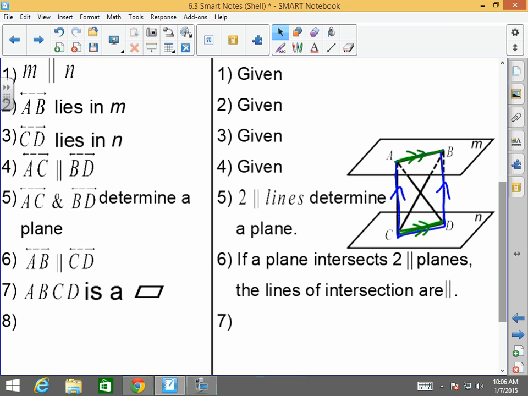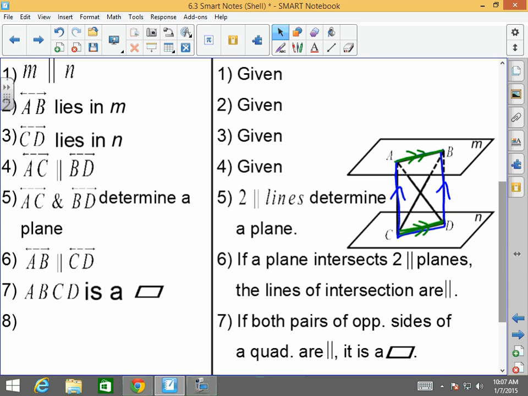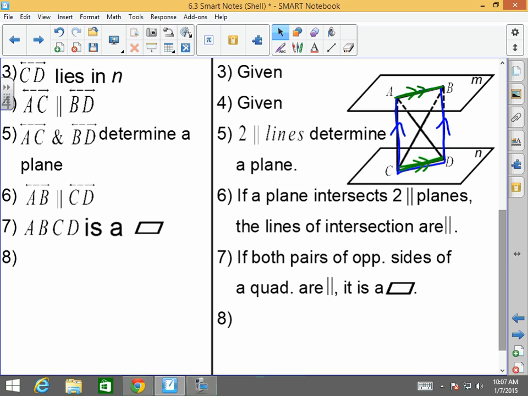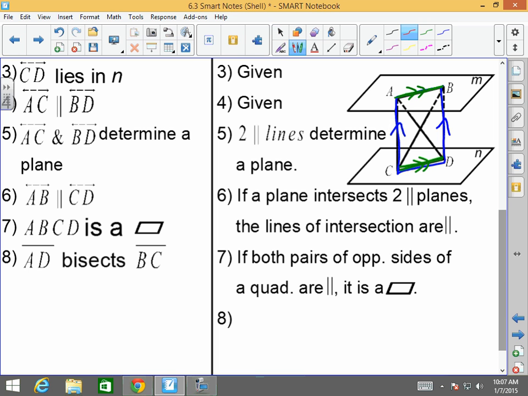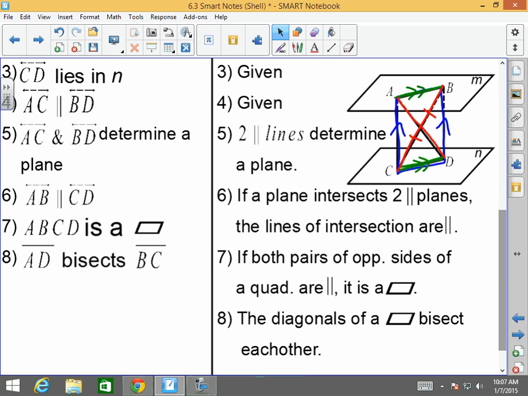From here we can remember, hopefully, that ABCD is now a parallelogram. Why? Because if both pairs of opposite sides of a quadrilateral are parallel, it is a parallelogram. And if it is a parallelogram, then we know that AD, which is a diagonal of the parallelogram, bisects BC. They actually bisect each other. Why? It's one of the definitions of a parallelogram. The diagonals of a parallelogram bisect each other. And there you have it.